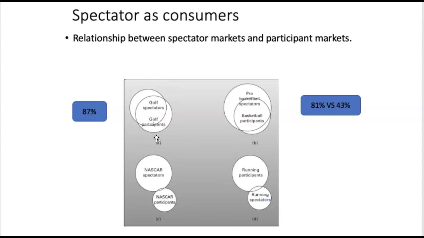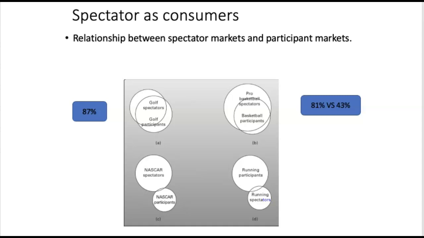For basketball, about 81% of the people who watch basketball are also likely to play basketball as well, right? However, in some other sports like running, the participants and spectators are not really overlapped. And NASCAR, obviously, a lot of the people who watch NASCAR are not driving NASCAR, right? So in some markets, we can see the participants and spectators heavily overlapped, and in other markets they are not overlapped at all.